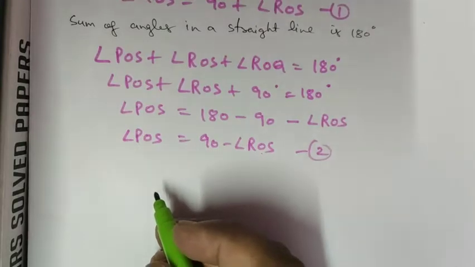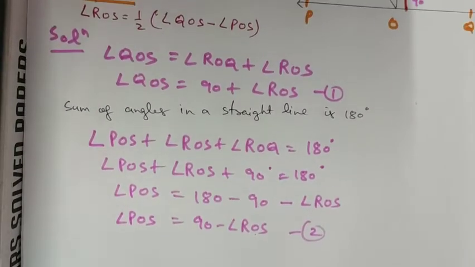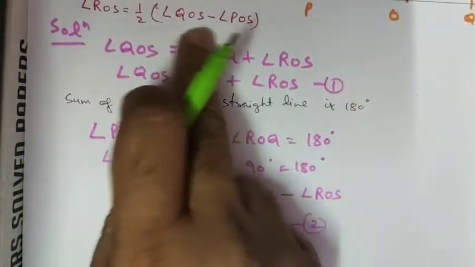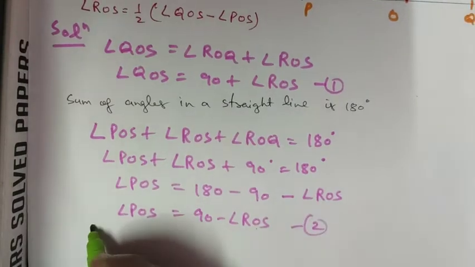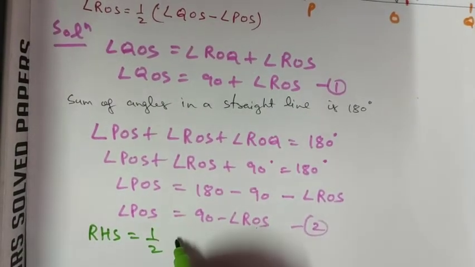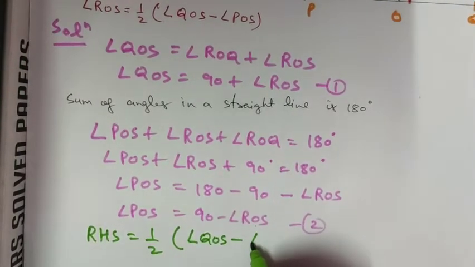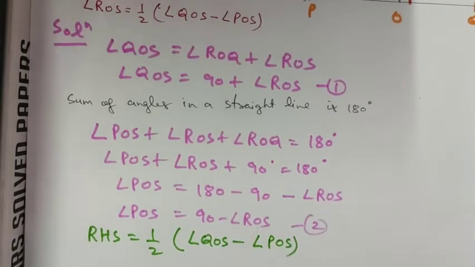Now we need to prove that angle ROS is equal to half of, within bracket, angle QOS minus angle POS. So we will take the RHS of this, and the RHS is half times angle QOS minus angle POS.